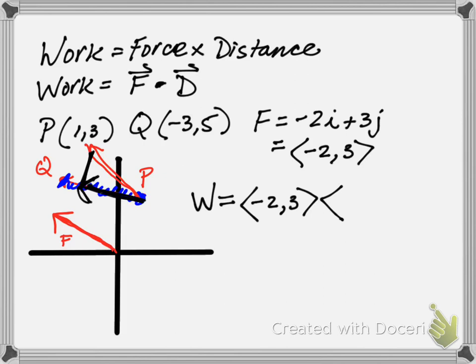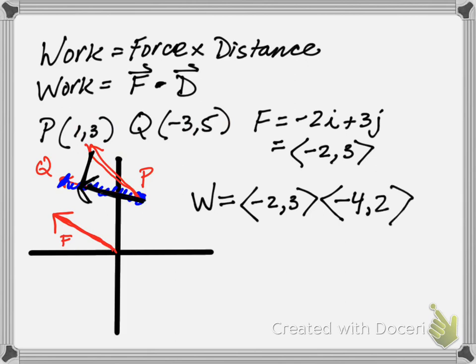So do you understand that vector D is -4 because I'm moving from P to Q. I'm moving from 1 to -3, so that's -4 in the horizontal direction, and then I'm moving up 2 from 3 to 5 in the vertical direction, so that's going to be 2.